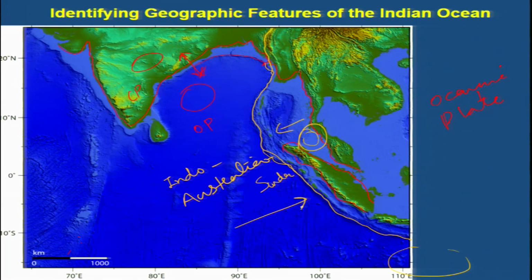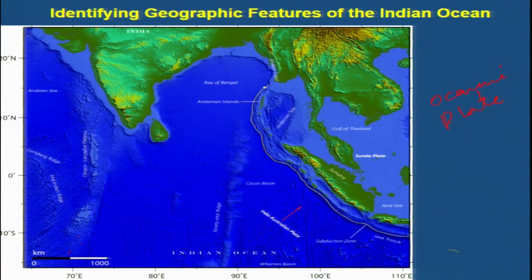This plate is subducting beneath this Sunda plate. So this yellowish line demarcates the subduction zone, and here you can see Arabian Sea, Bay of Bengal, Andaman Island, Andaman Sea, then Ninety East Ridge, Sumatra, Sunda plate, and Gulf of Tonkin. These are the geographic features on this image.